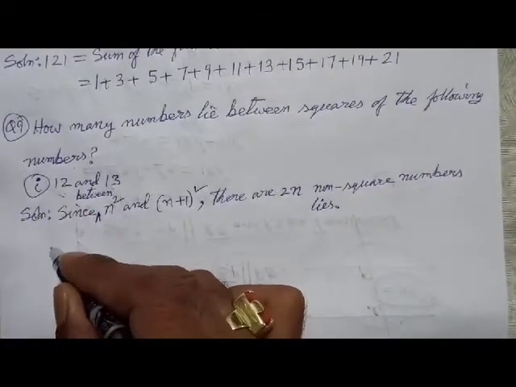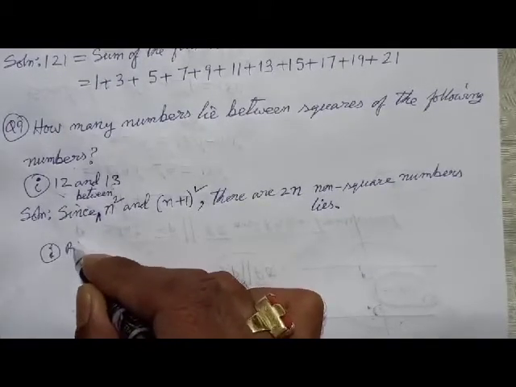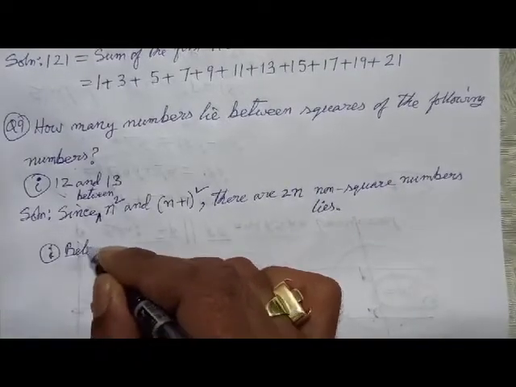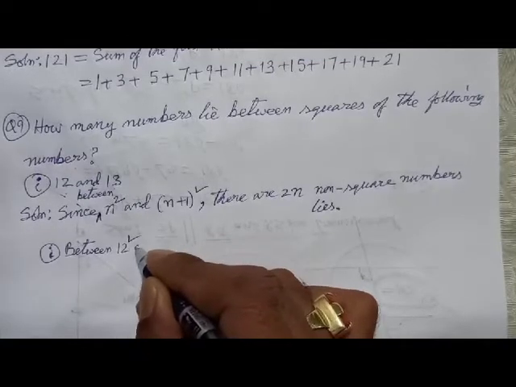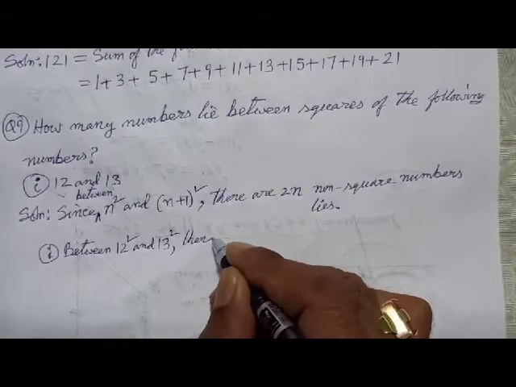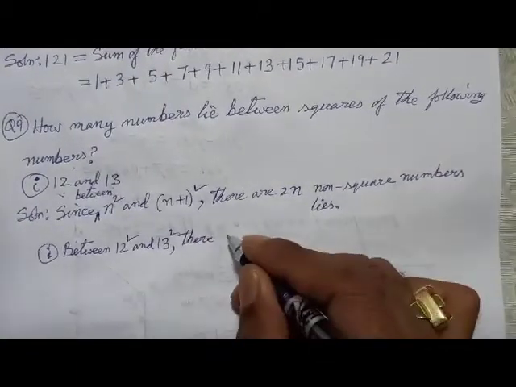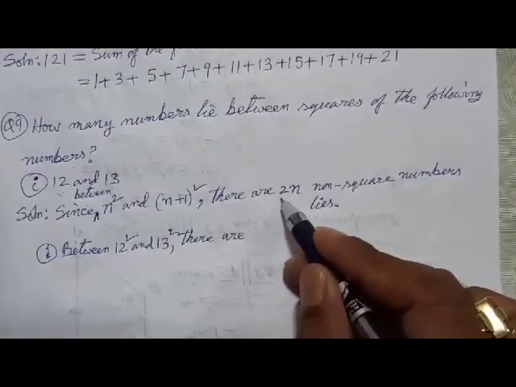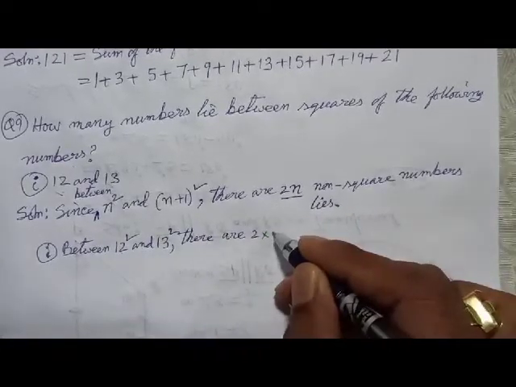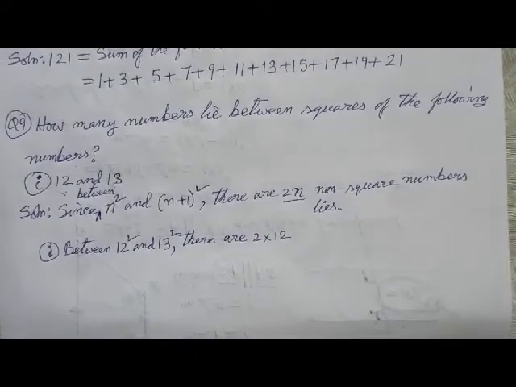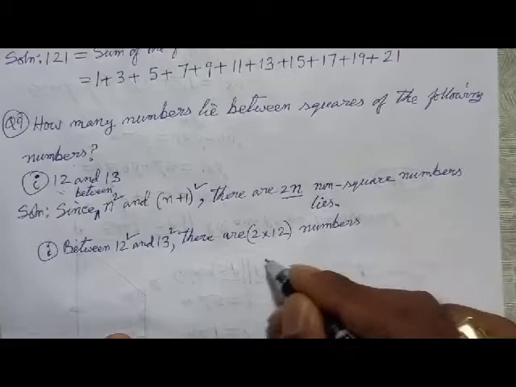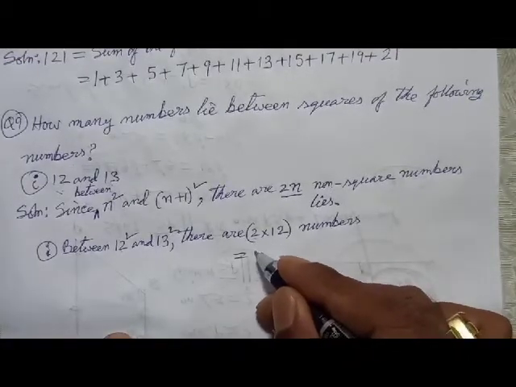Roman number 1: between 12 square and 13 square there are 2n, that is 2 into 12 numbers, and this is called to, if 2 and 12 are multiplied, then we are getting 24 numbers.